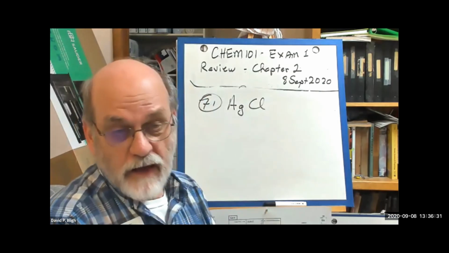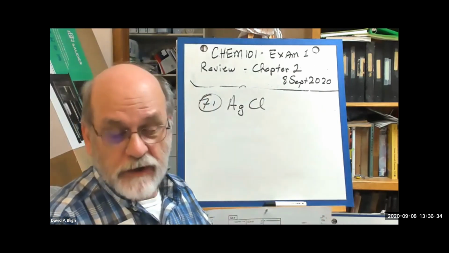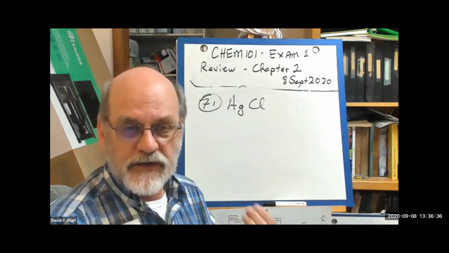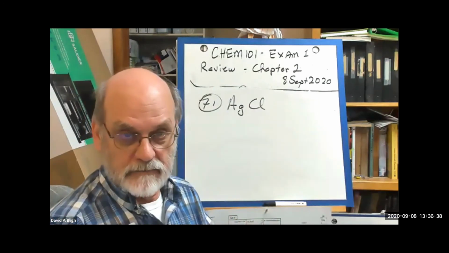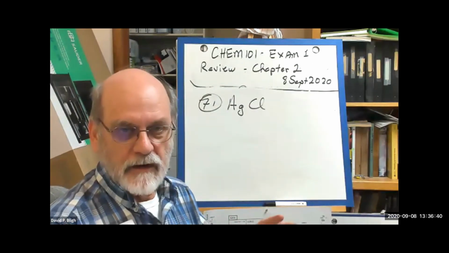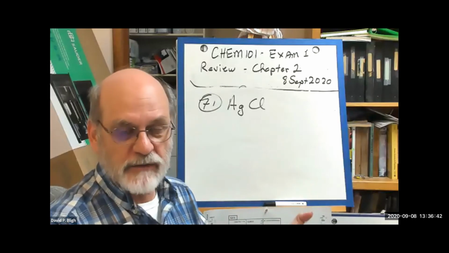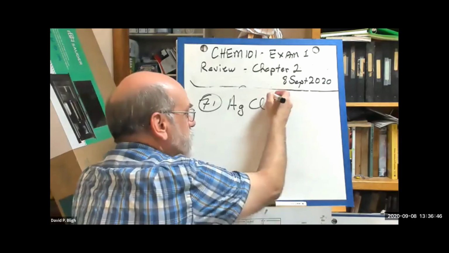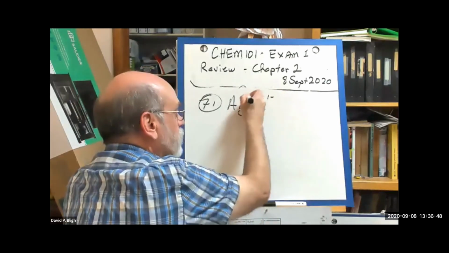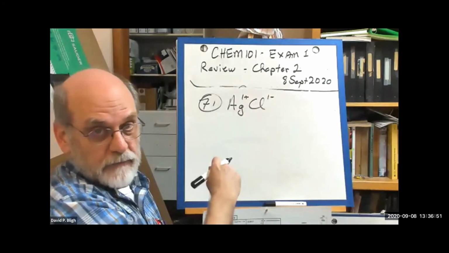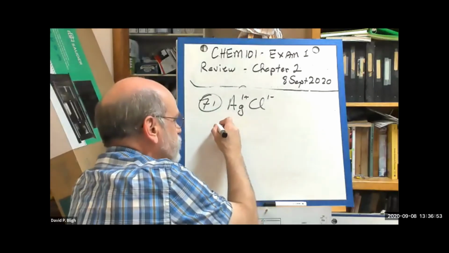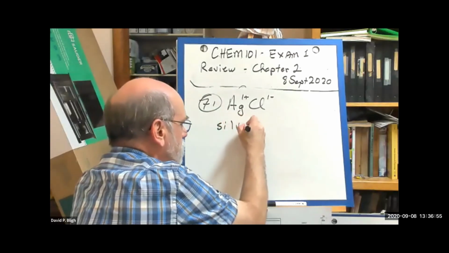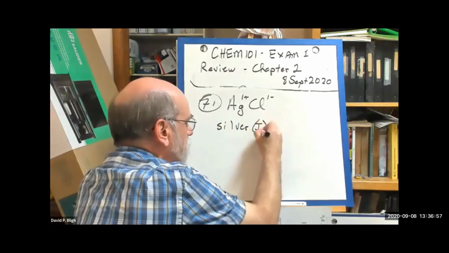Now here's where I'll take 2 different forms, because silver is a transition metal. And for simplicity's sake, I'll say that all transition metals are type 2s. So if this is a 1-, this one has to be a 1+, because there's only 1 and 1. So you could write it this way: silver, 1, chloride.